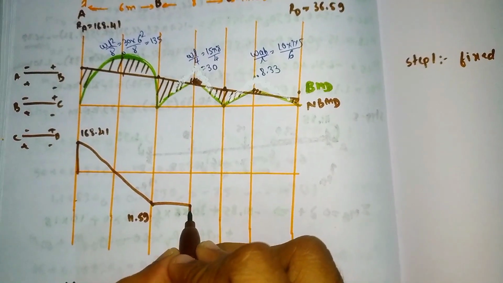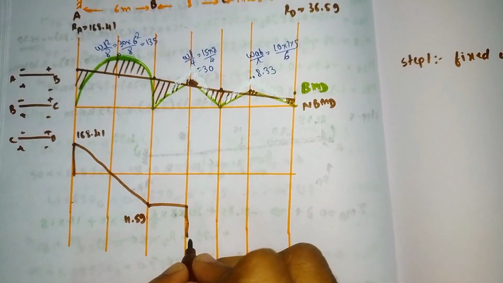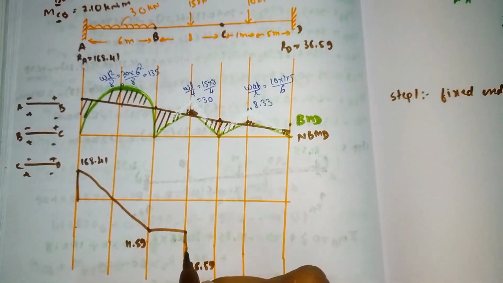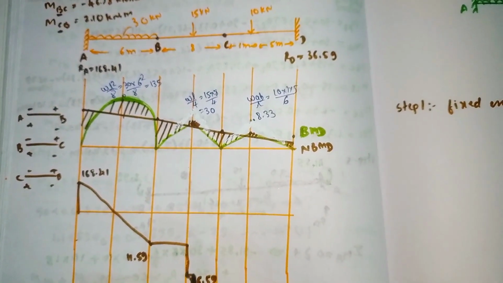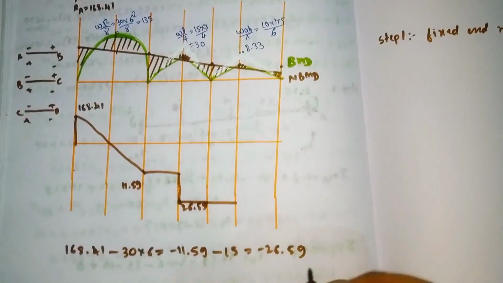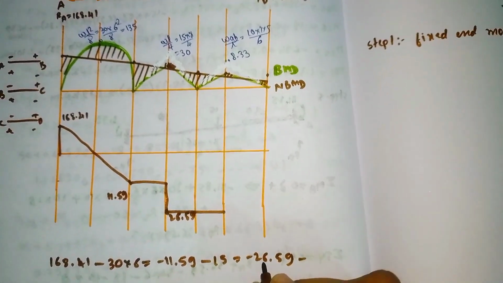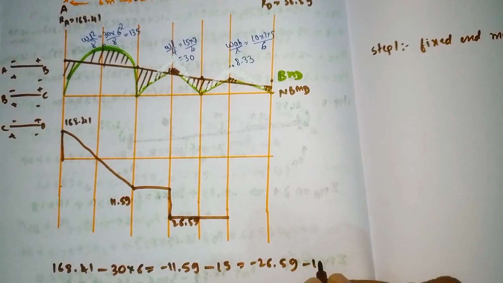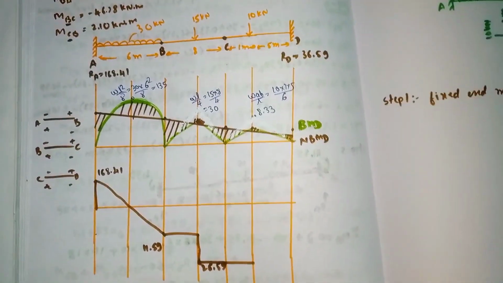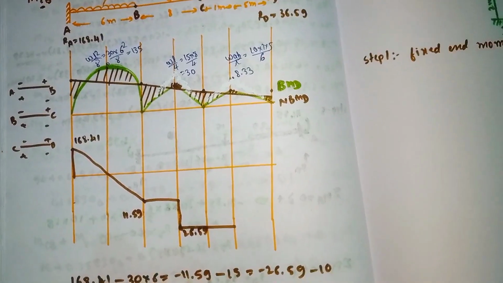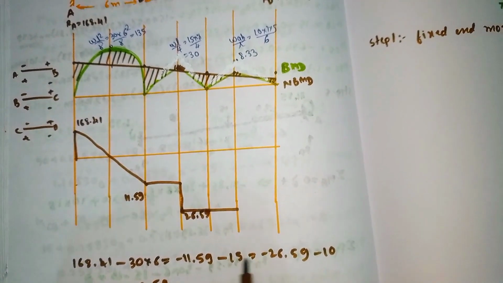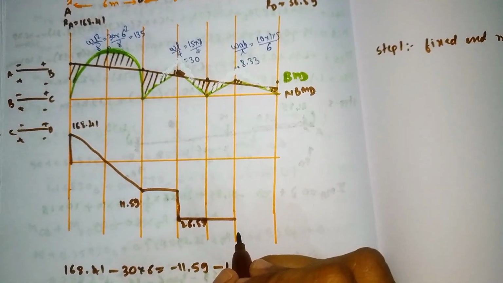So minus 26.59 comes here. From here to here there is nothing, so it will come straight. Again a point load is acting, 10 kilonewton, on minus 26.59. So subtract the 10, it will come out as minus 36.59.